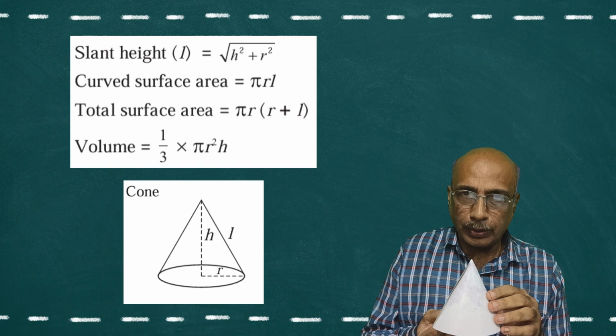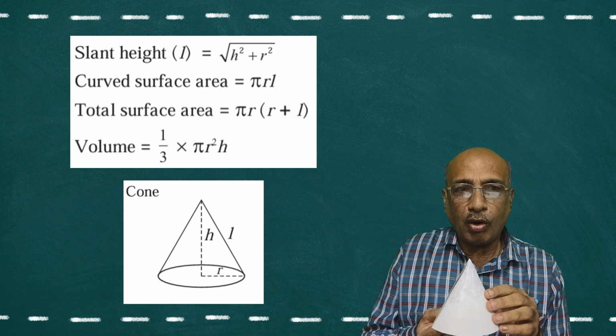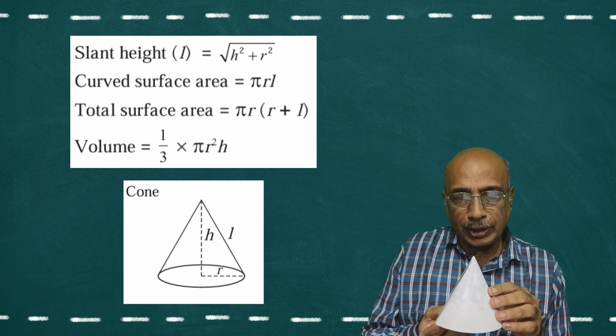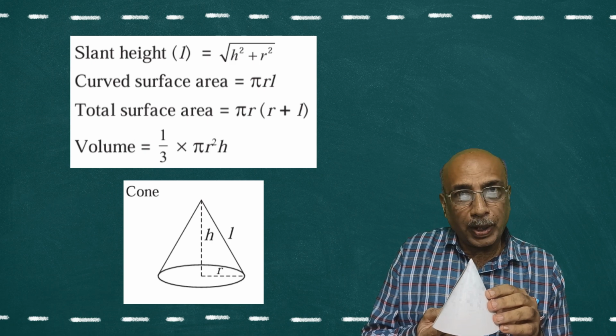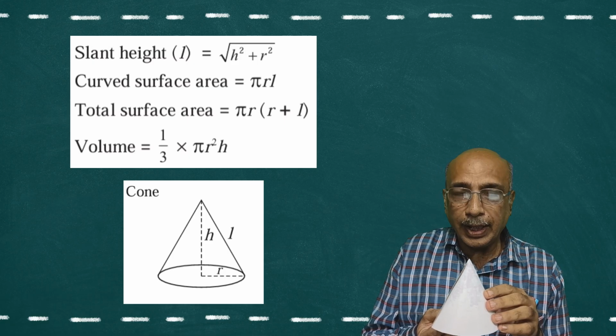Volume of this cone equals 1/3 of pi r square h. Now, pi r square h was the volume of what? Cylinder.